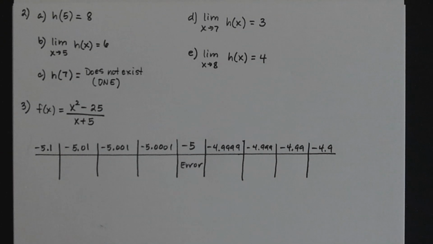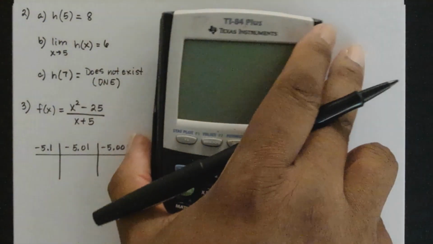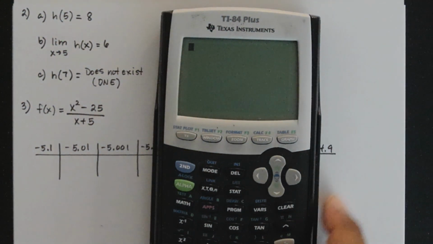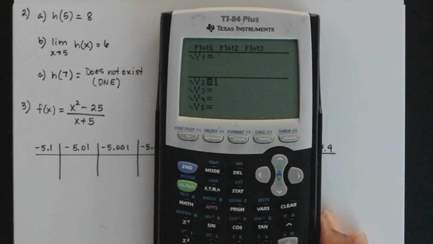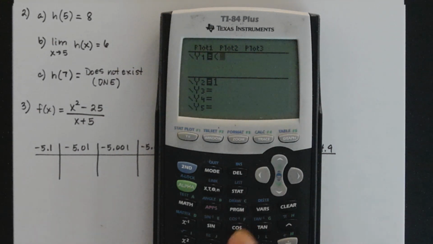Now here we can enter this function into our graphing calculator. So I'm going to go to y equals, and then I'm going to clear this equation out that I have in y1. The numerator and the denominator I will put in parentheses. So for the x squared minus 25 will be left parentheses, get the x and then square it, minus 25, close parentheses, divided by x plus 5, which will be in parentheses as well, so left parentheses, x, plus 5, close parentheses.